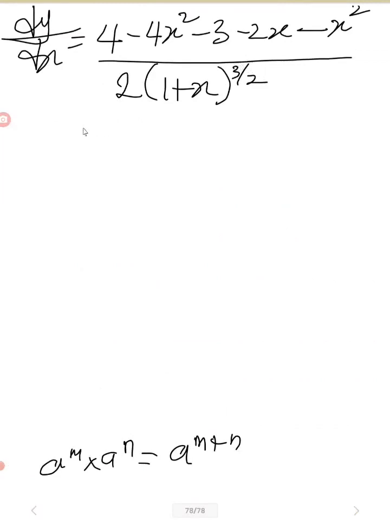That is all. So let's start with constants. We have 4 minus 3 is 1. Then 4x squared, minus 4x squared minus x squared.